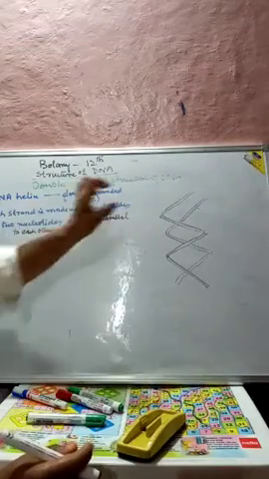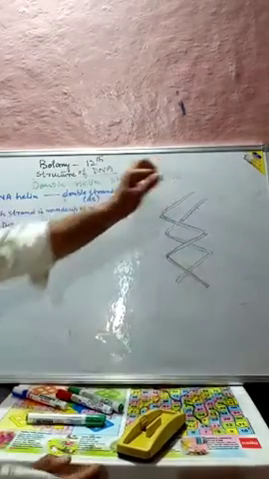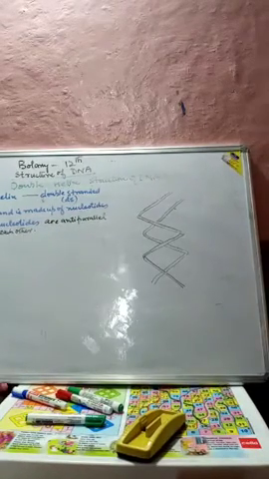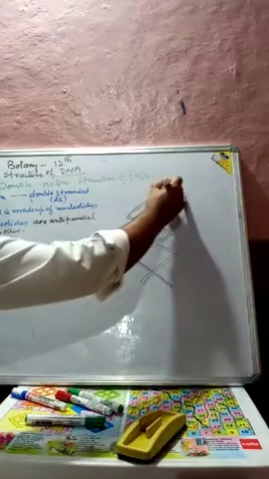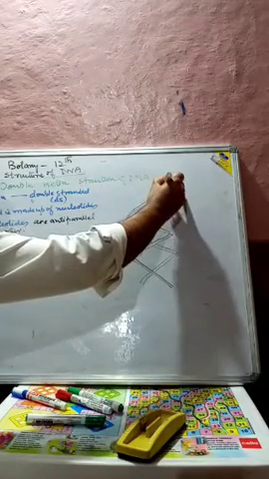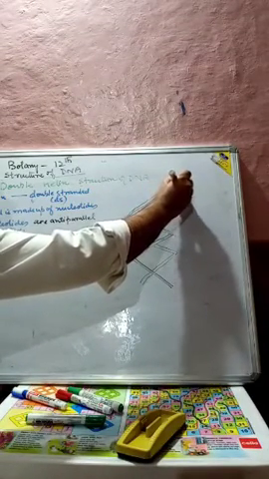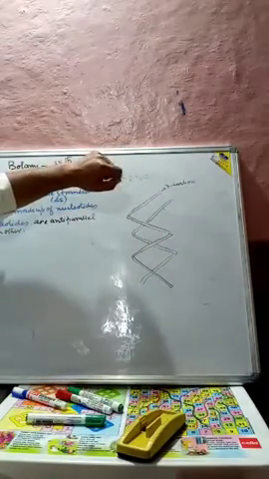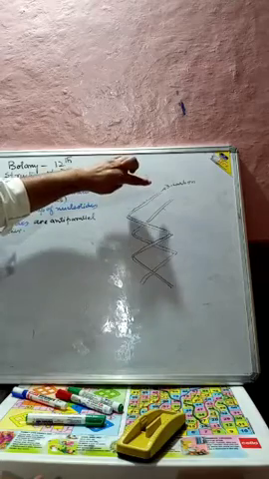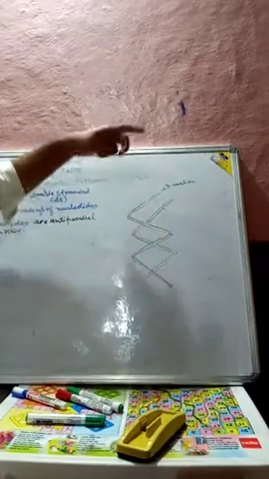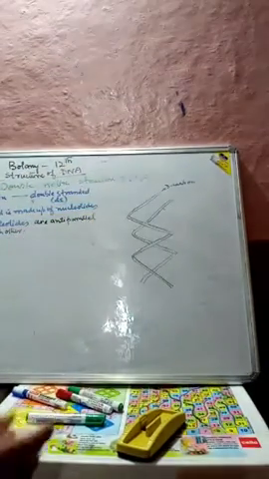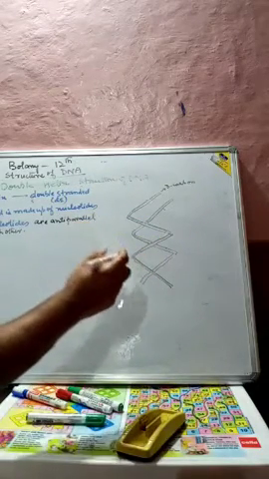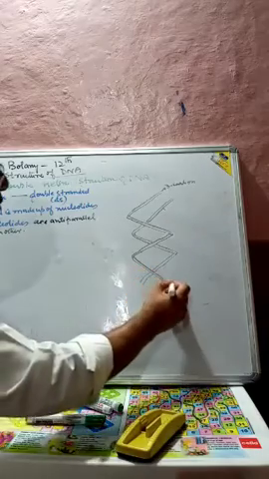What does this term anti-parallel mean? For example, if in one strand the third carbon is free, then in the other end of the same strand there will be the 5 carbon free. One end has the 3 carbon free, and in the other end there will be the 5 carbon free.